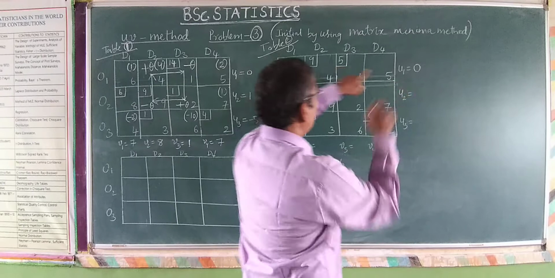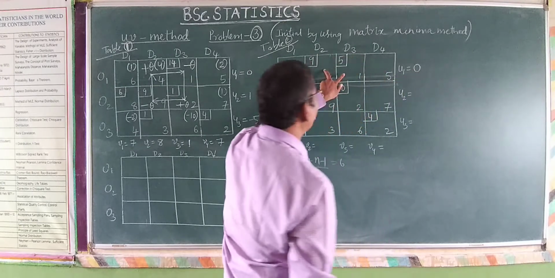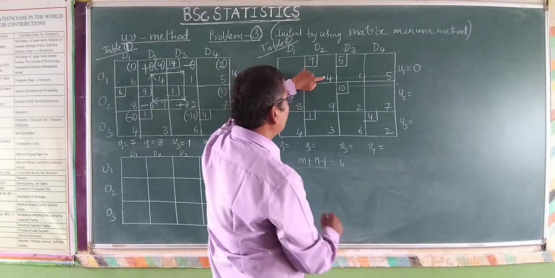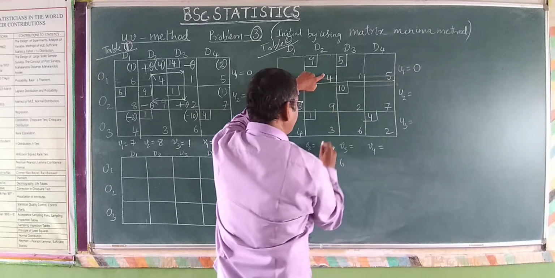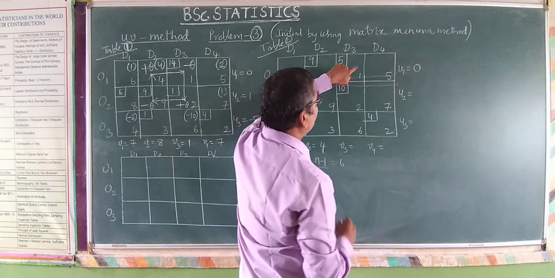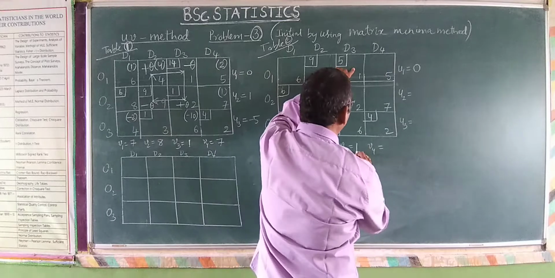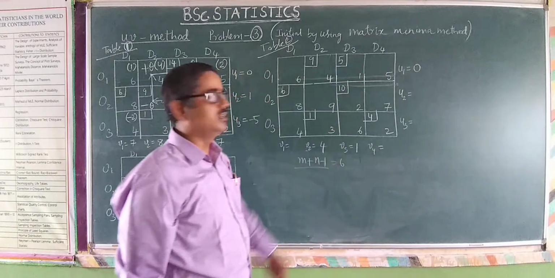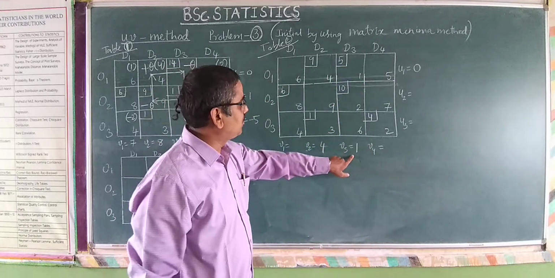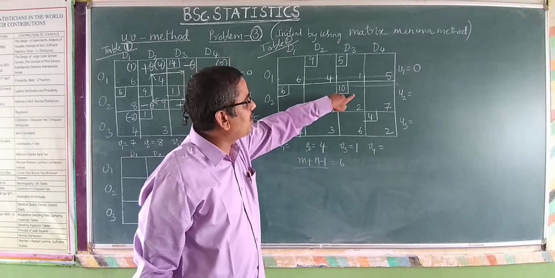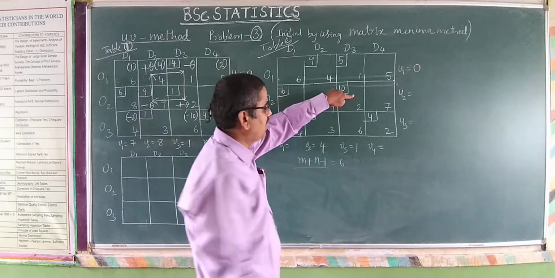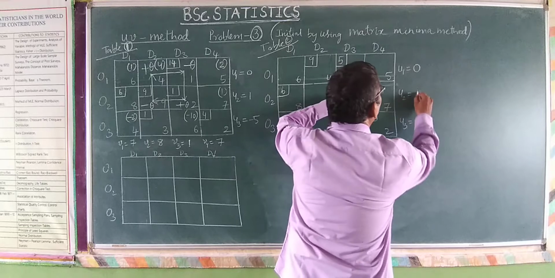So you see here, corresponding to this we have two basic cells. This is one basic cell, 0 plus 4 is equal to 4. If you consider this basic cell, 0 plus 1 is equal to 1. Finished. Now if you consider this value and this basic cell, then 1 plus 1 is equal to 2.